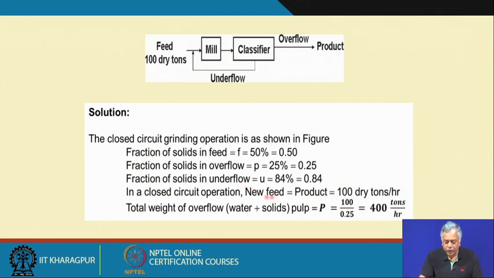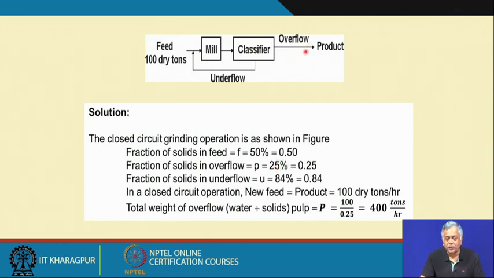Your new feed is equal to the product, that is 100 dry tons per hour. So we are taking out 100 dry tons of solid per hour. The overflow has 0.25, that is 25% solids by weight.